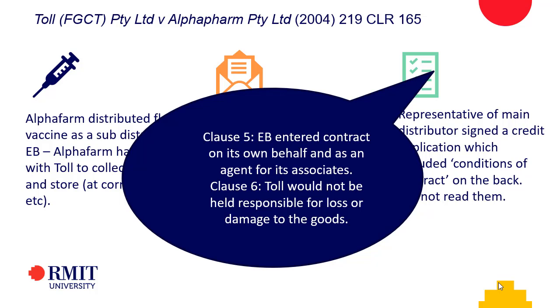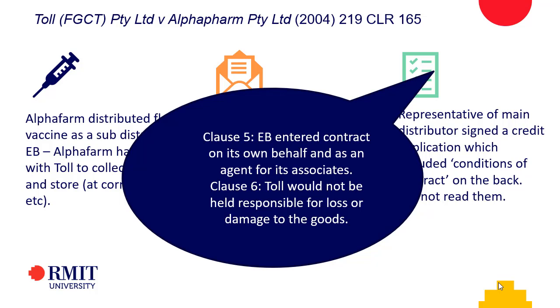So we're talking about an arrangement here where Alphapharm is getting Toll to carry these goods around, keep them in a particular way, maintain them at a certain temperature. Alphapharm's doing that under contract to EB. EB has signed a contract with Toll that effectively excludes Toll from liability if they get things wrong.